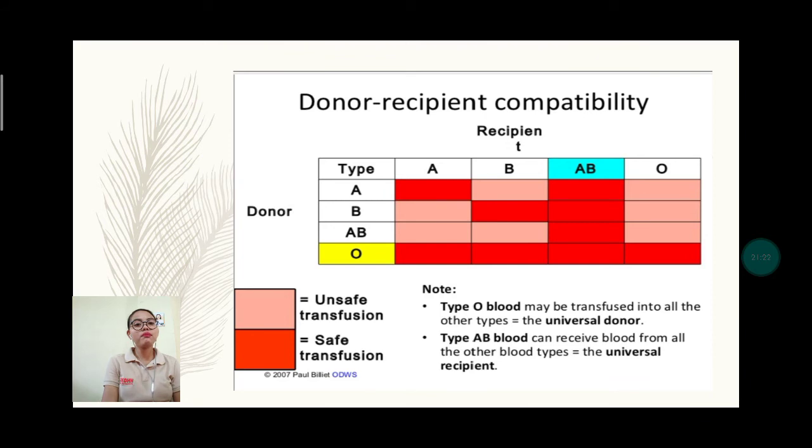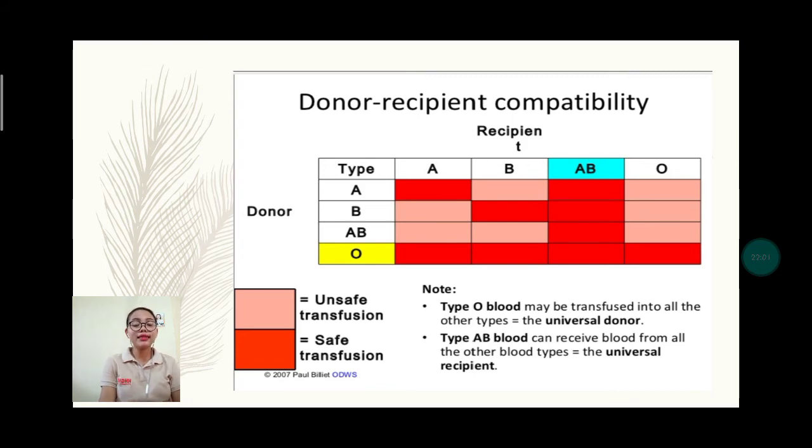So donor type A, the recipients are blood type A and blood type AB. When the donor type is B, it is safe to transfuse to blood type B and blood type AB. When the donor is AB, it is safe to transfuse only to blood type AB. So if we notice, AB and AB only.